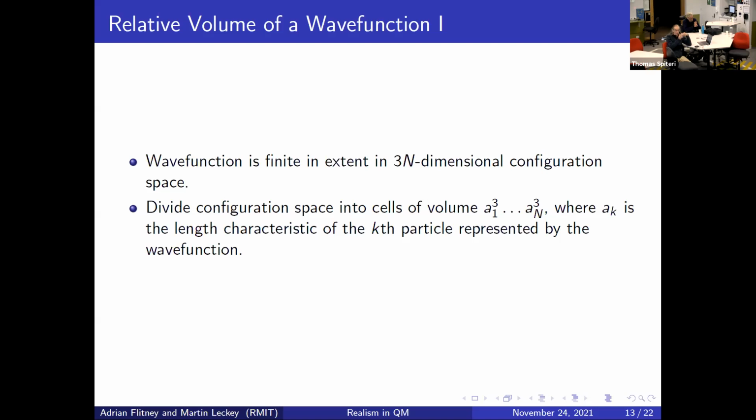So if I've got n particles here, the cell size for the first particle is A1 cubed. I'm assuming some discretized space. Now this is discretized space in configuration space, but we would assume that physical space is also discretized. And so on. So Ak here is a characteristic length for the kth particle, and this product A1 cubed up to An cubed is a volume in this 3n-dimensional configuration space of a unit cell.